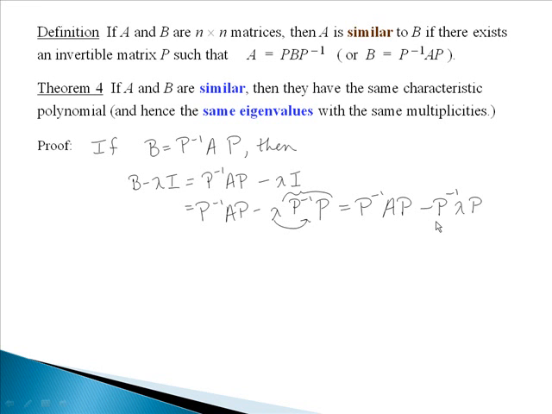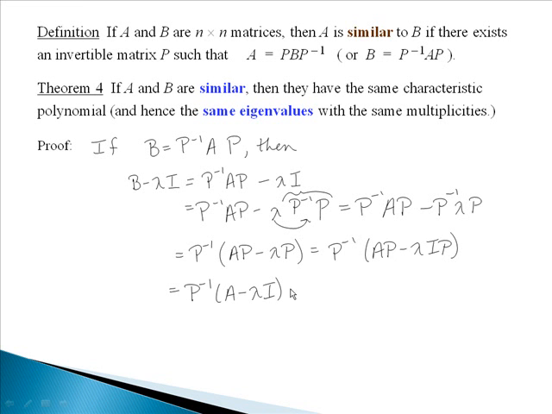But now that allows me to pull out P inverse on the left and simply multiply it by AP minus lambda P. And that's equal to P inverse times (AP minus lambda I times P). So now I can pull out P on the right, and I have P inverse times (A minus lambda I) multiplied then by P on the right.